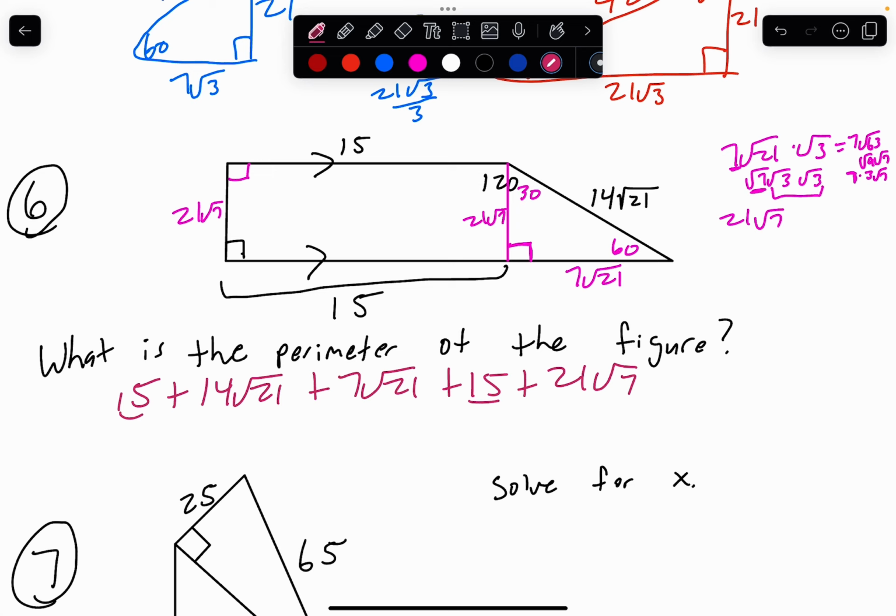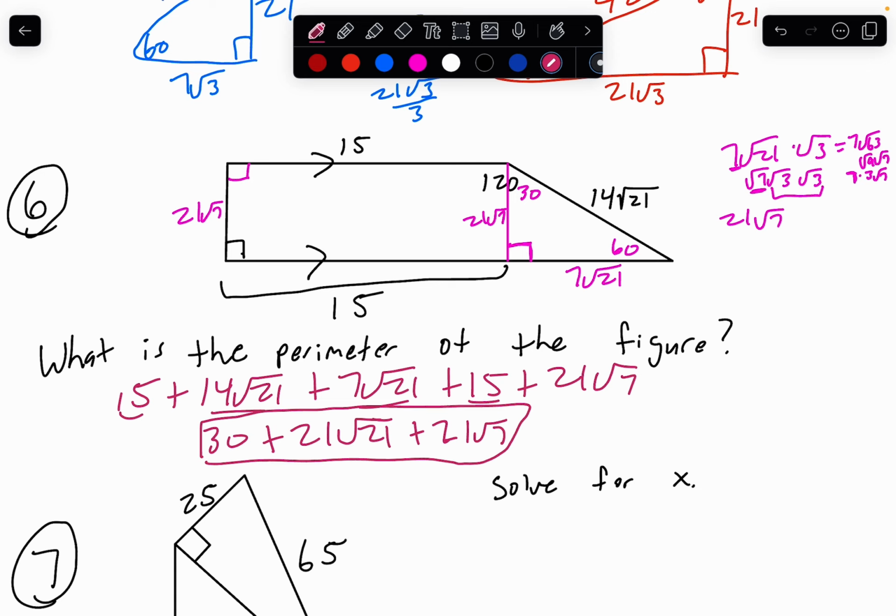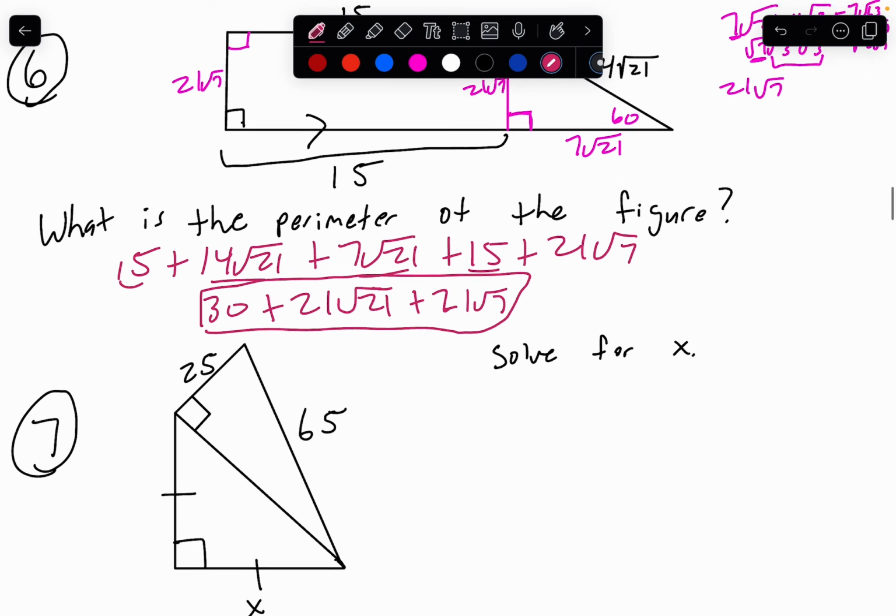So 15 and 15 would give me 30. We have 14 root 21 and 7 root 21. That would be 21 root 21. Oh, that's just so fun. And then we would have a 21 root 7 to finish it off. Those are all unlike terms. We cannot combine anything else there.